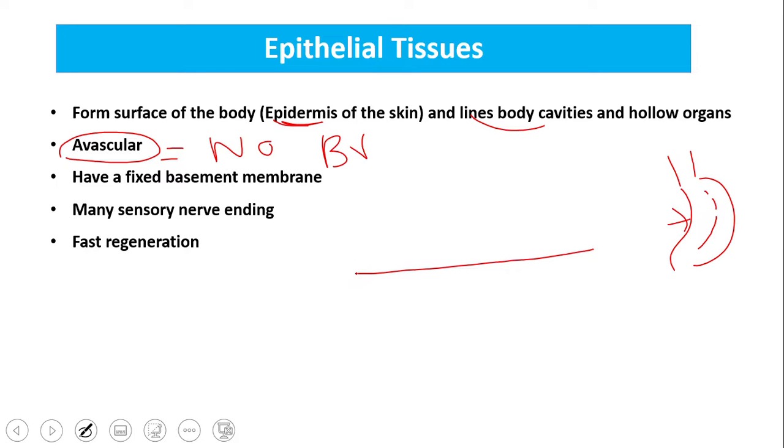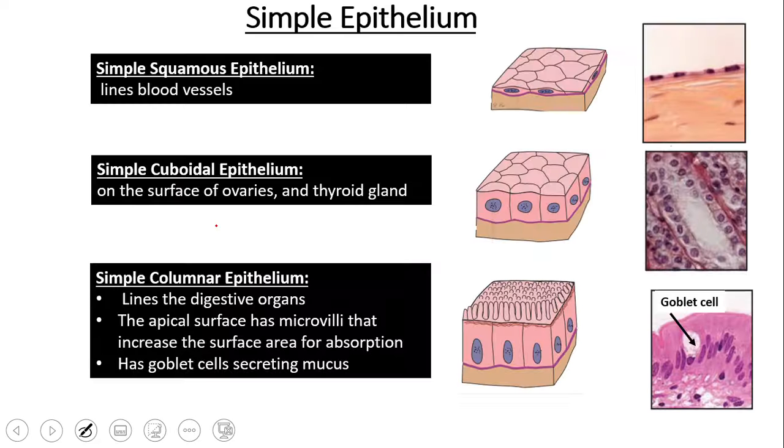So above this basement membrane, we have the epithelial cells. The epithelium has many sensory nerve endings, and also it's very fast regenerative. So, for example, the cells of our epidermis shed off and then they are replaced automatically and fast.